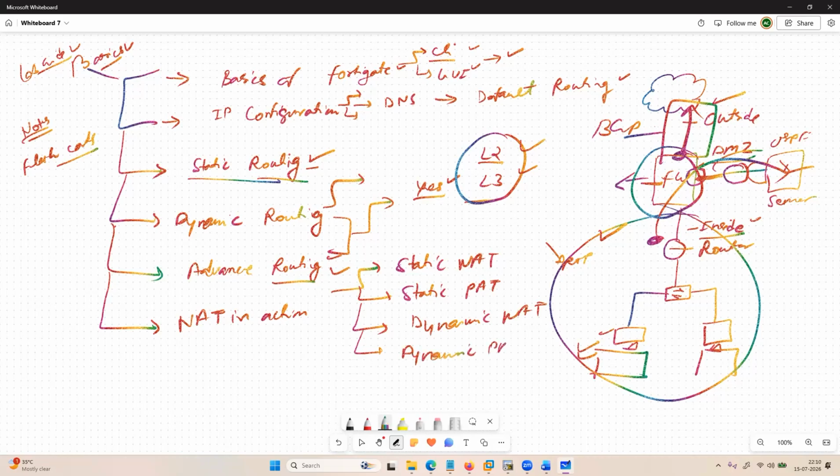One very beneficial part here, guys: since I train different technologies and different vendors, OEMs, I will also bring different vendors' concepts where required to give you a holistic idea about that concept. What does it mean? Let's suppose I say source NAT in short. What is source NAT from the Fortinet point of view?